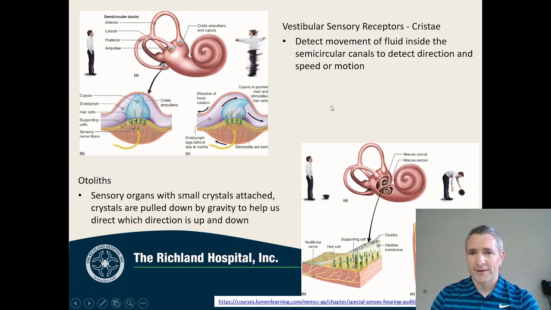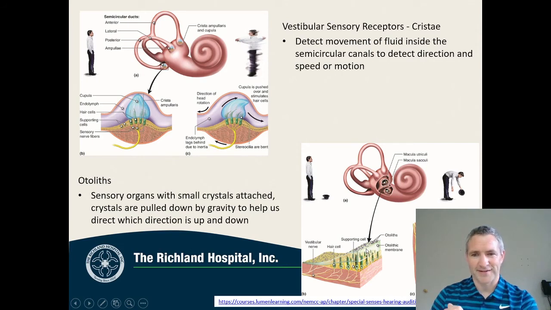Okay. The other thing that is in the utricle: these are called otolith or otosensory organs. These organs have small crystals that are attached to the top of a jelly-type compound.